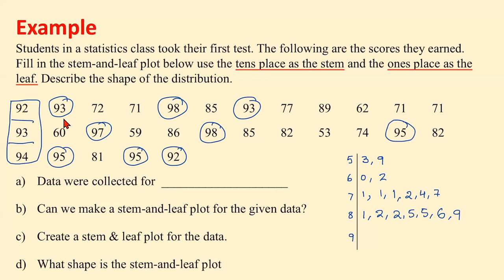So those are the numbers in 90s. We don't see anything other than that. We have 12 of them. There is no 90, and there is no 91. As you can see, we have 92. Here is 92.